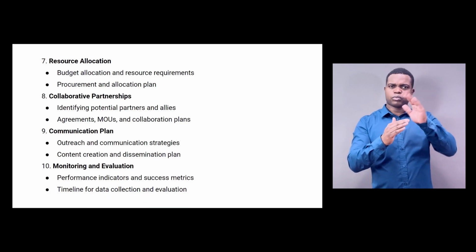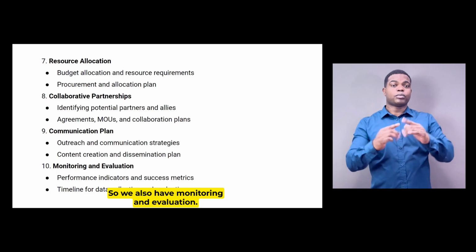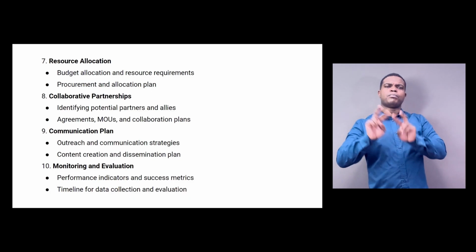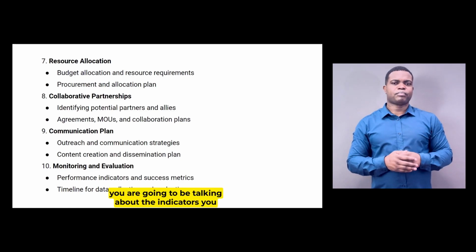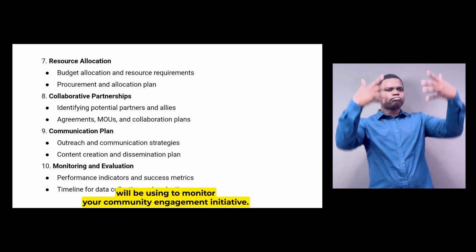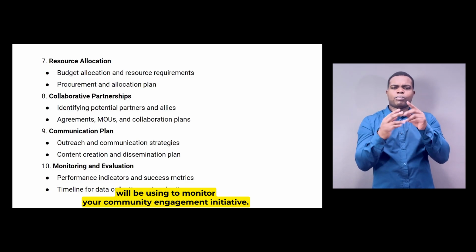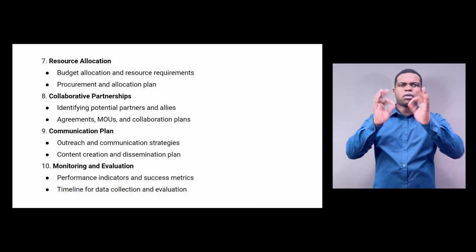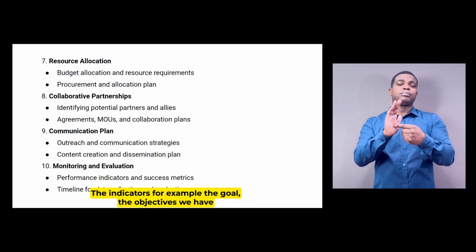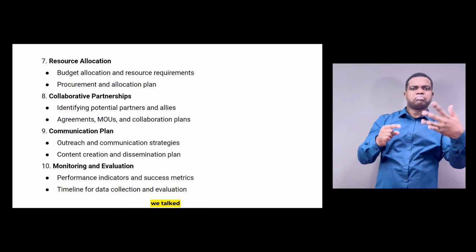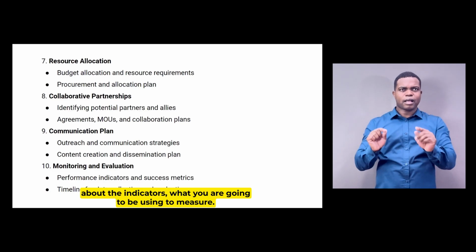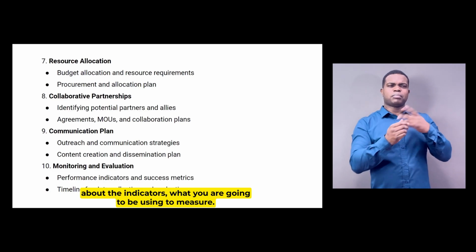plan. So we also have monitoring and evaluation. For monitoring and evaluation, here you are going to be talking about the indicators you will be using to monitor your community engagement initiative. The indicators, for example, the objectives we have talked about earlier. We talked about the indicators, what you are going to be using to measure.